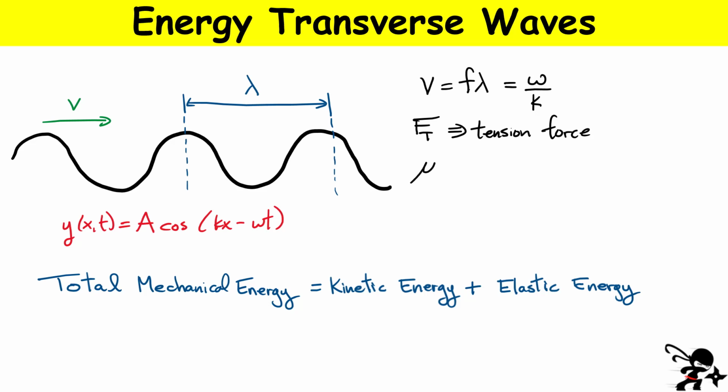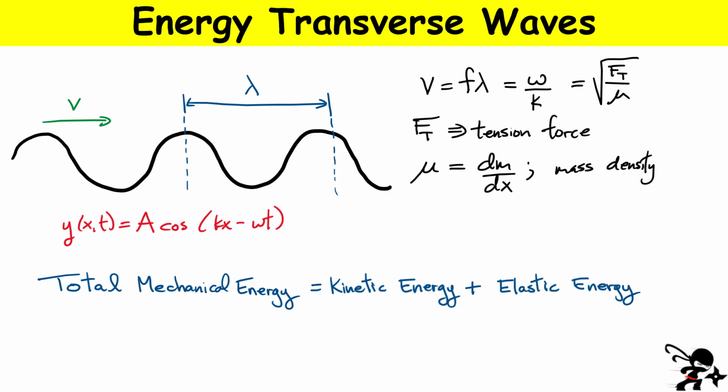It's characterized with a density, what we call the linear mass density: the amount of mass you have per unit length of this string. I'll just call this mass density. And from my previous videos on waves, we talked about how the speed of propagation is related to both of those parameters through this expression right here.